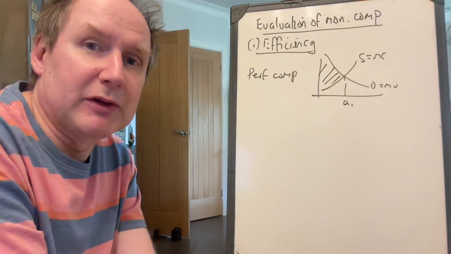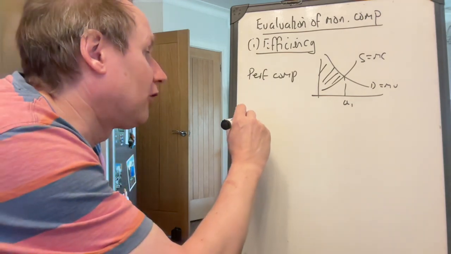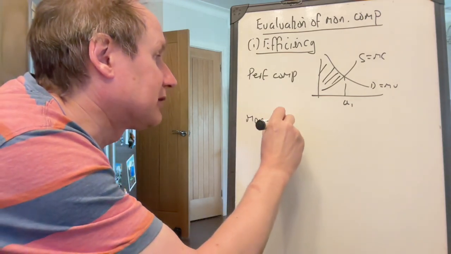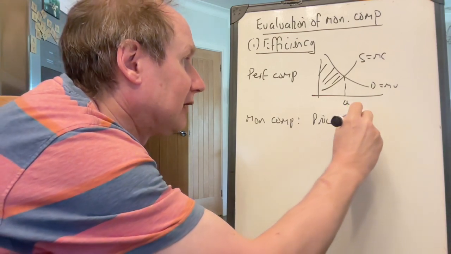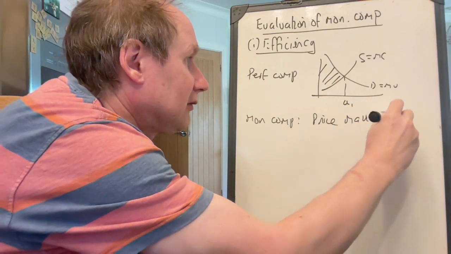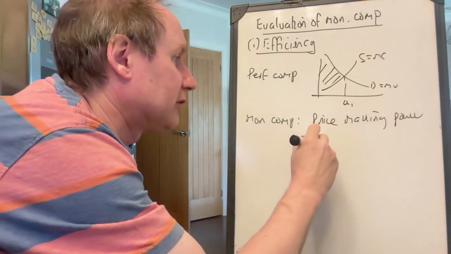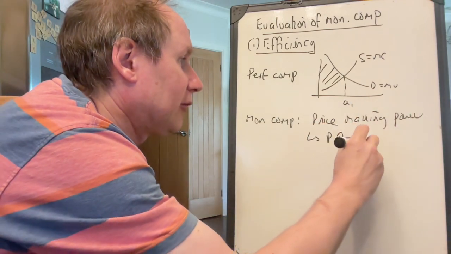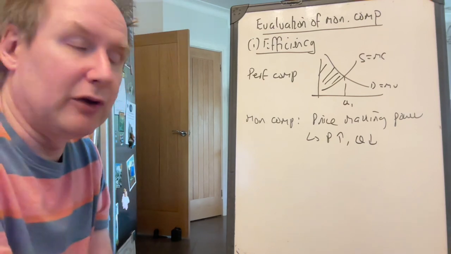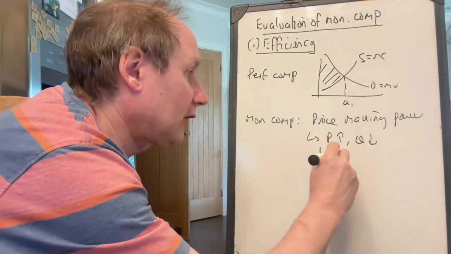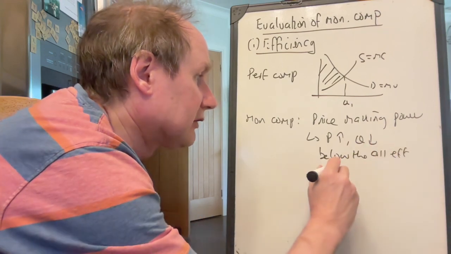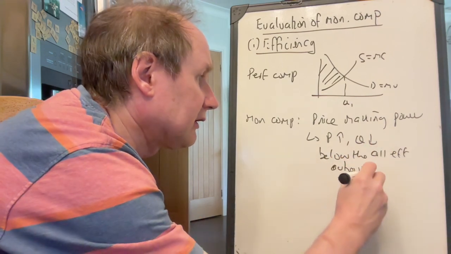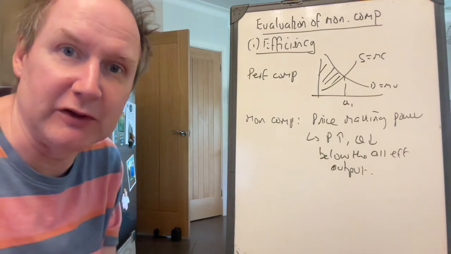But in monopolistic competition, firms have some price making power. As a result, price is going to increase and output is going to go down below the allocatively efficient output. So we're not going to make all of the units that would have benefited the consumer.